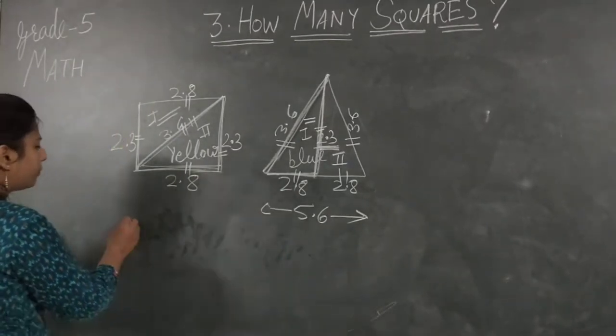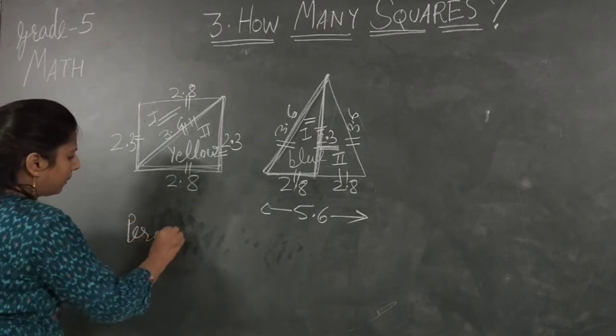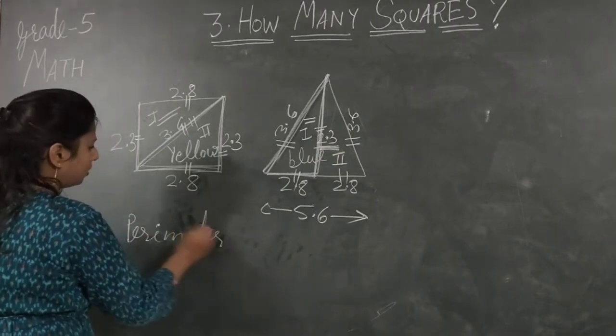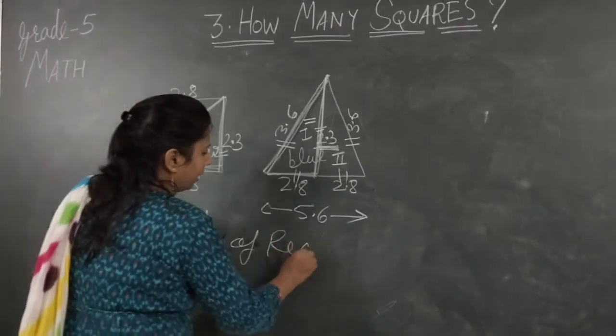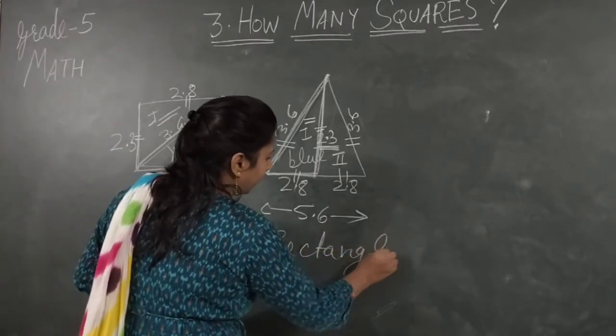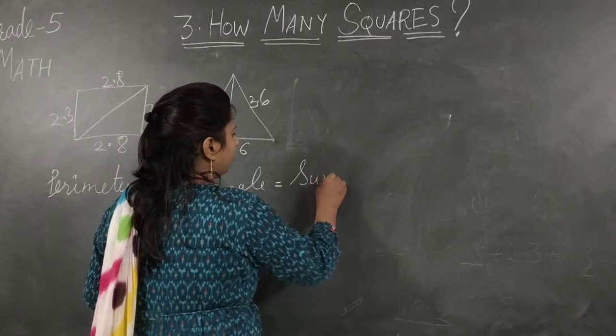And what is the formula of perimeter? Perimeter of a rectangle, I told you, is the sum of all sides.